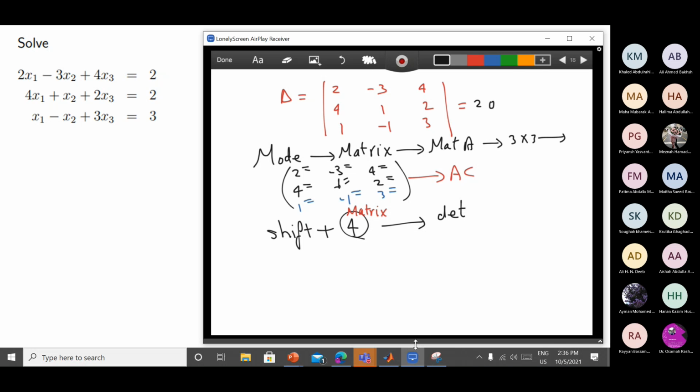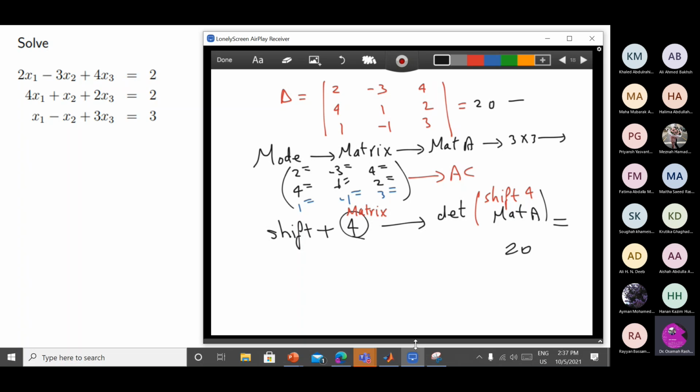And you would like to have the determinant for mat A. So press again shift and 4 and choose mat A. Now you press equal, you will have 20, right? This is how to find the determinant using your calculator.